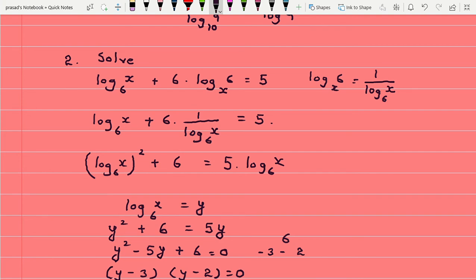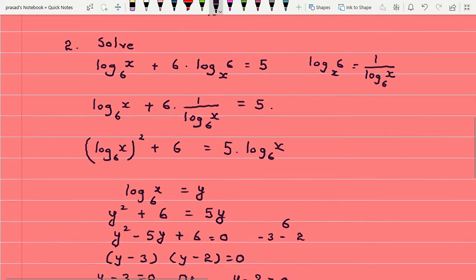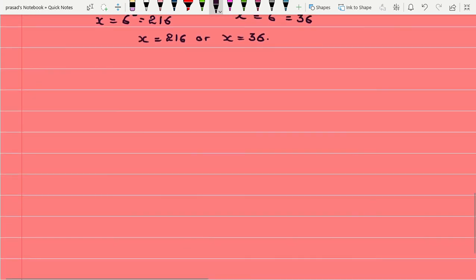So it will become 1 upon log of x to base 6. And then multiplying throughout by log of x to base 6, get a quadratic. So let me give you some problems for practice.